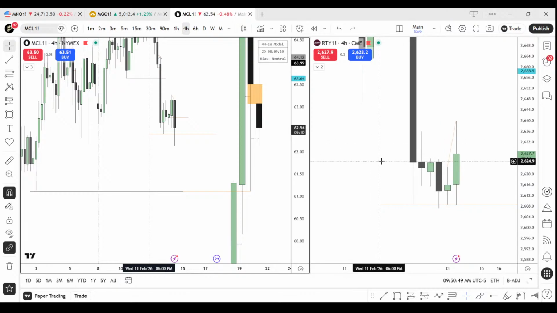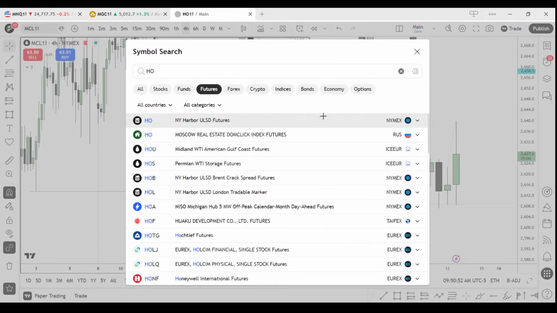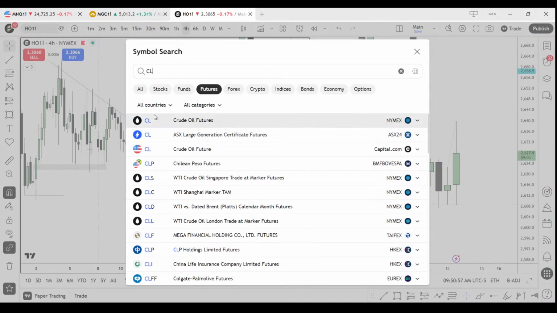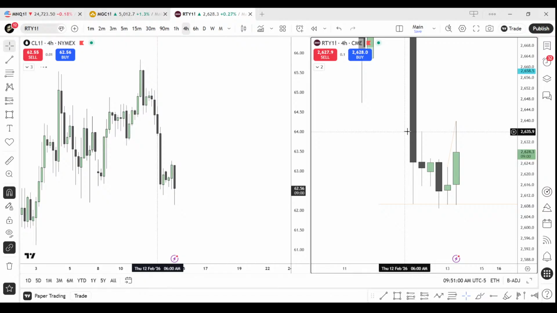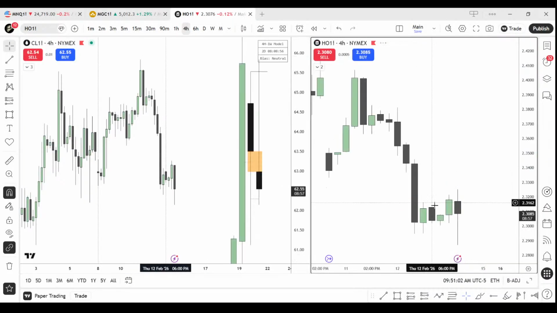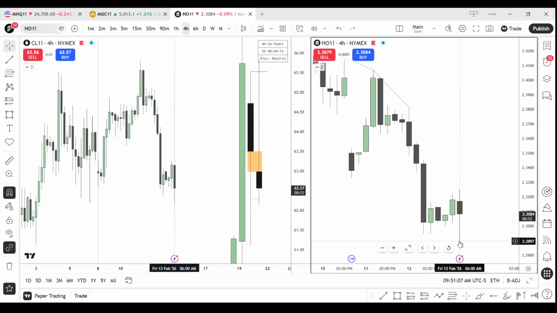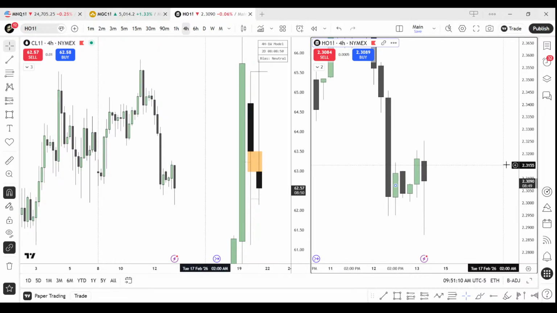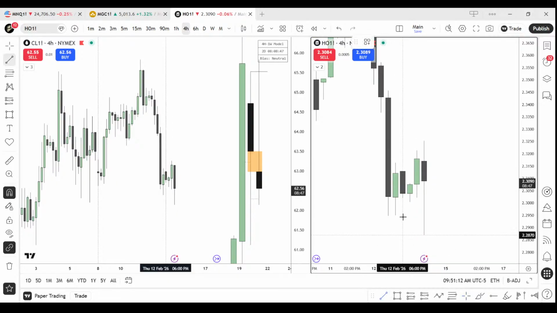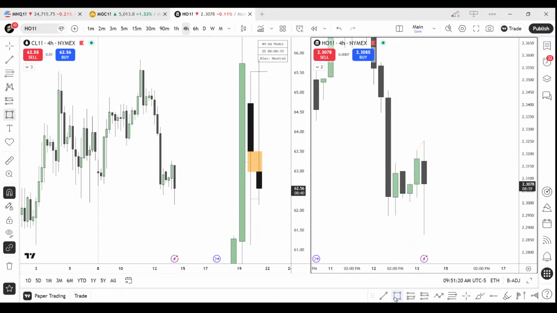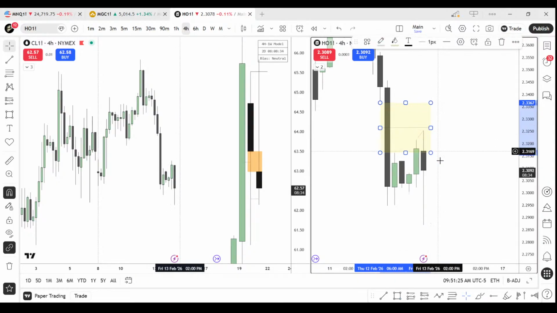What's HO doing? RTY, HO, HO. We already have this one stage here. We do have this one stage here, and we are delivering from this key level.